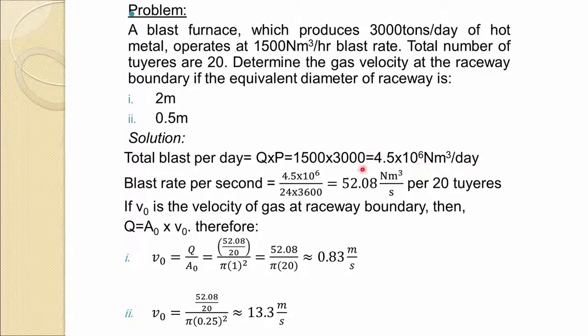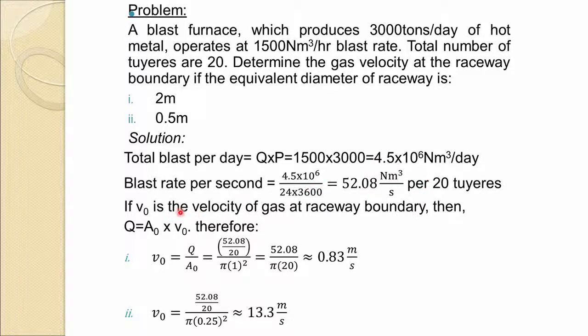And if we convert that to blast rate per second, it is going to give you 52.08 normal meter cube per second for 20 tuyeres, as it says the total number of tuyeres is 20. So, this is the total blast rate.